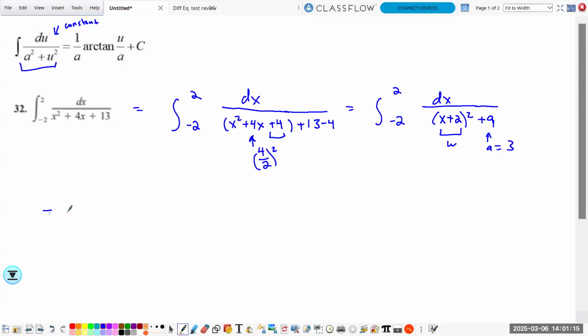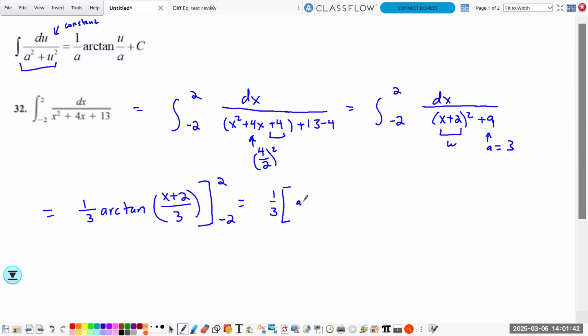So I can now integrate this, and it is 1/3 arctangent of u over a. And I'm evaluating this from -2 to 2. I'm going to pull out the 1/3 as I do the definite integral, just because it's a little easier.